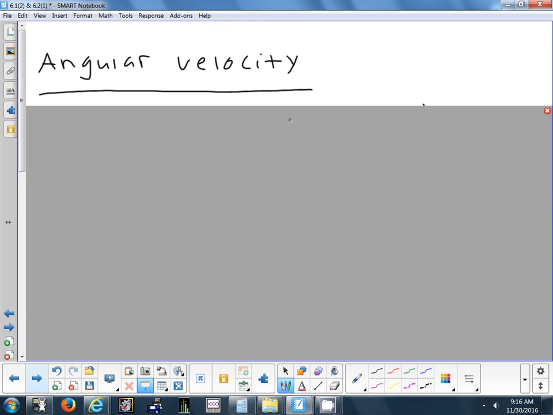Okay, so the last thing in this section is what's called angular velocity. What's velocity? Speed in a given direction. Yeah, it's the speed of something in a given direction. So angular velocity has to do with measuring the speed of something using an angle.